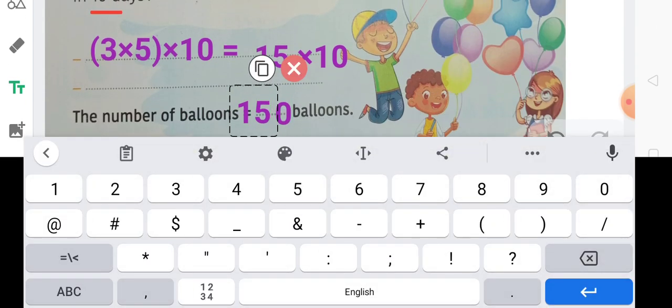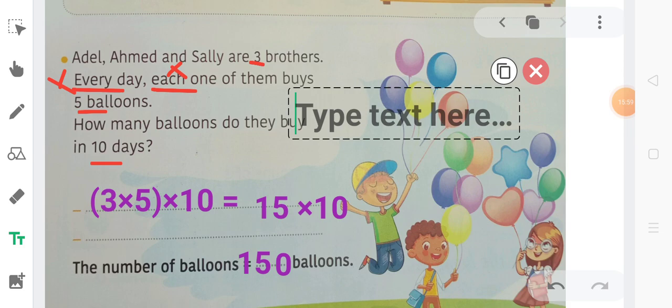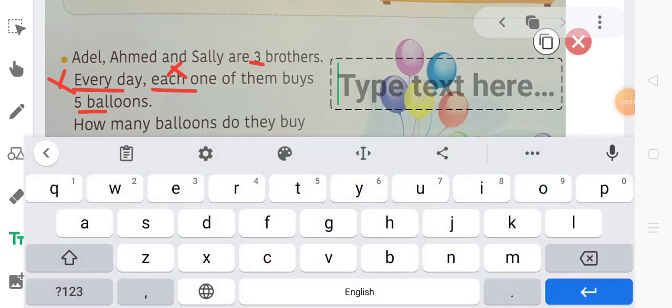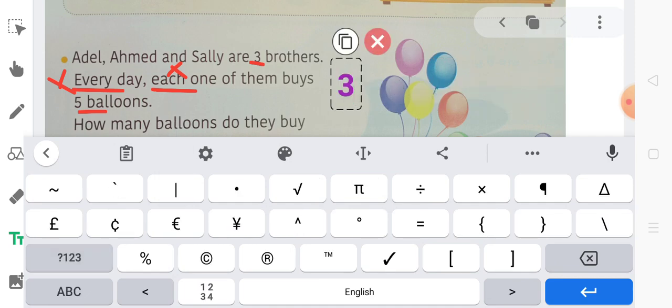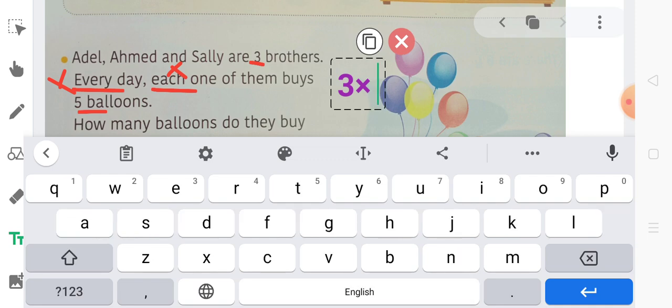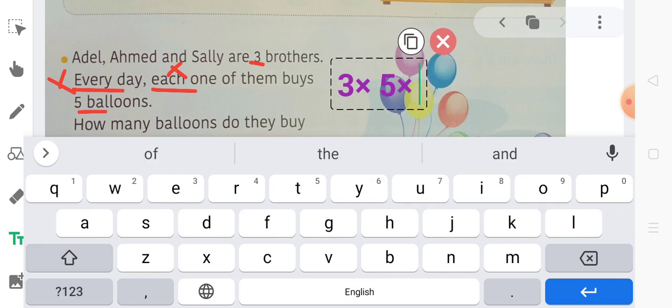So it's 150 balloons. Can I do it another way, my dears? Yes, I can. Okay, how can we get it? By using another method. I took the first two numbers together. Now I can get 3 times 5, times 10.